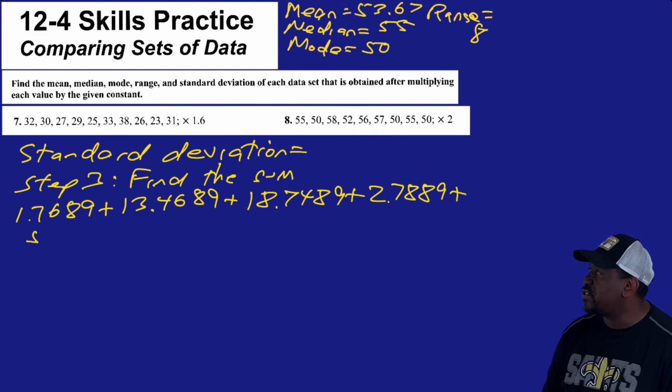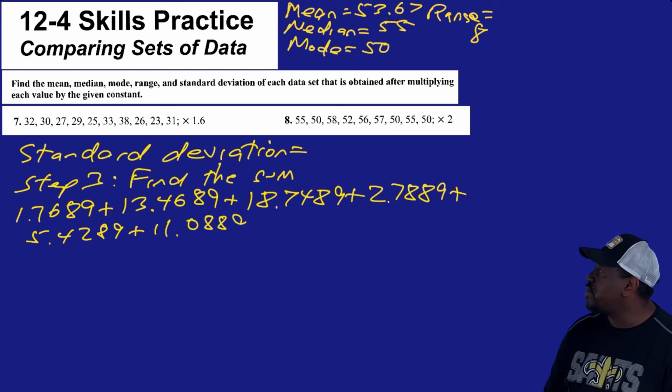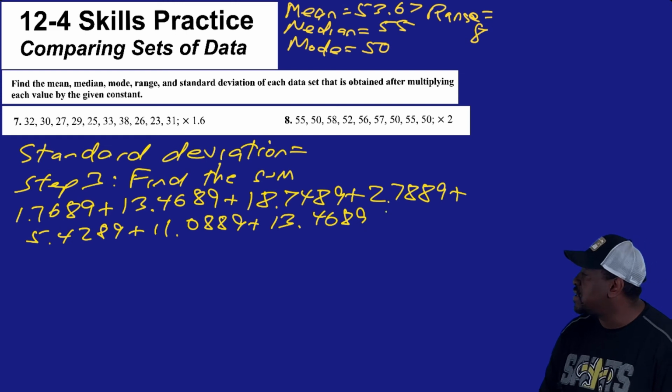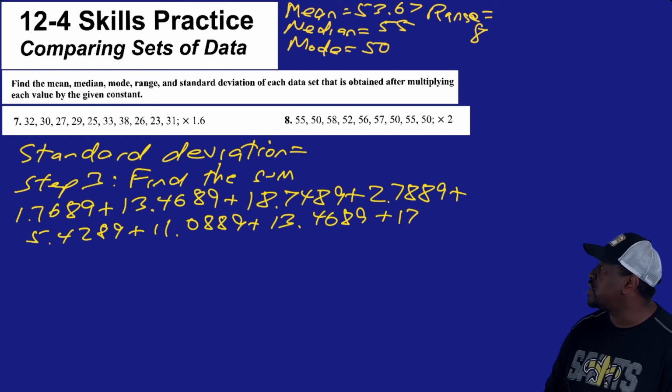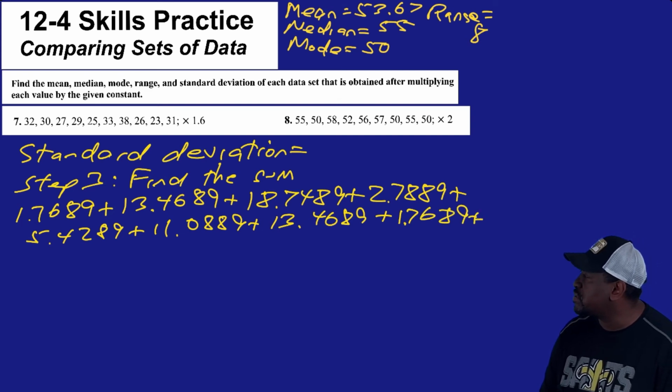So again, get your little calculators out. As the NOLA MATHMAN is calculating it on his calculator, you want to be doing the same thing so that you can get the same answer, and that will build your confidence even before you start doing the problem if you work along with the NOLA MATHMAN. So we'll add all these values up. We have 9, so it takes a minute to write them all.